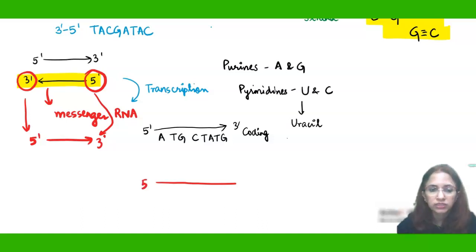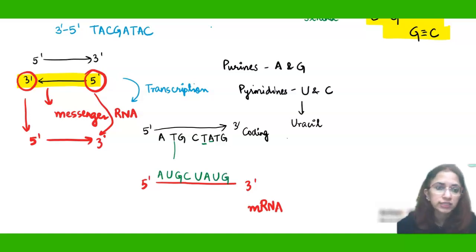So this is our messenger RNA, and m is always written small, while R, N and A are all in caps. Here A is there, so you will write A. Here T is there, there is no T in RNA, so you will write U. G is also found, C is also found, again T is there, so you will write U. Again A is there, which is also found in RNA, again U has to be written because no T in RNA, and G will be written as such.